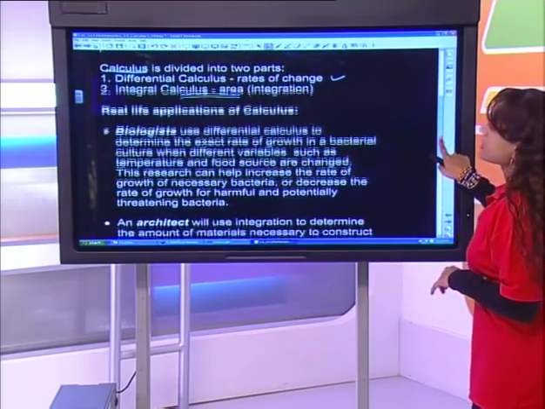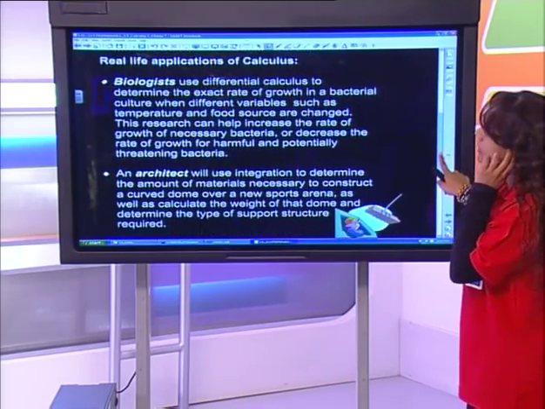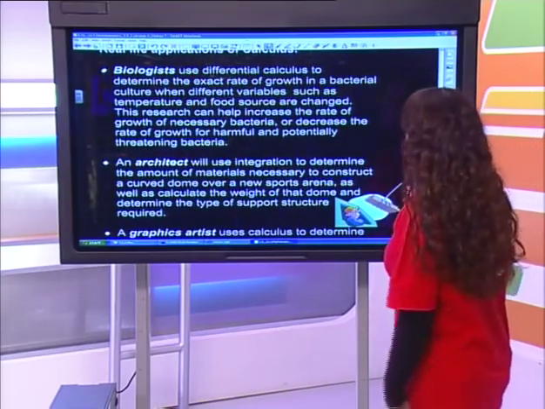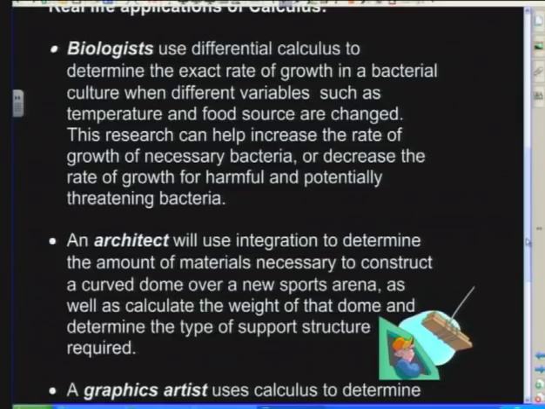As I said, there are lots and lots of real-life applications of calculus, and I'm just going to go through one or two of them, but you can read these in your notes on the website. One of the people that use calculus a lot are biologists, and they use calculus to determine the exact rate of growth. Remember, we're talking about rates of change, motion, things changing. So biologists would use it to find the exact rate of growth in a bacterial culture when different variables, such as temperature and food source, are changed.